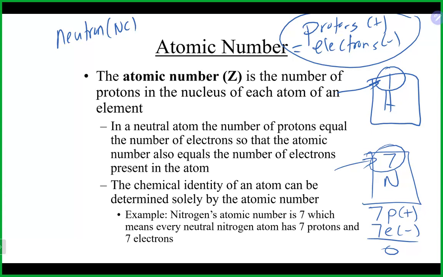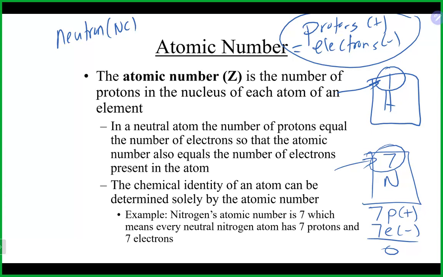So with that piece of information, is it protons, electrons, or neutrons that's most important in terms of what element it is? It is protons, right? That's why everybody has their own atomic number.